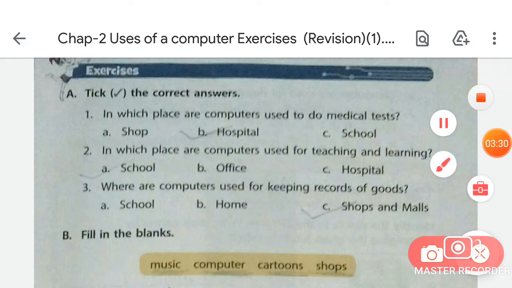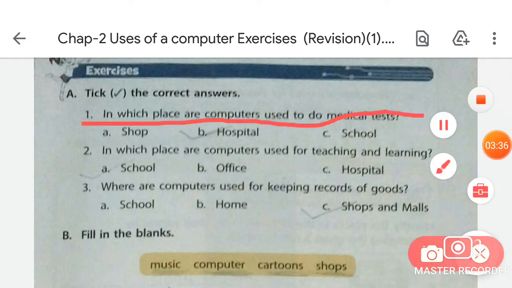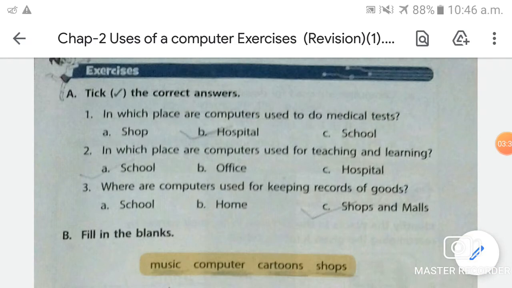Now, what are the places where computers are used for doing medical tests? We all know computers are used for medical tests in the hospital.